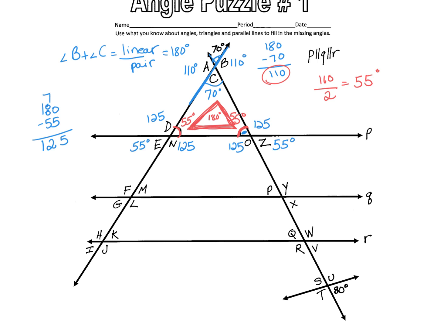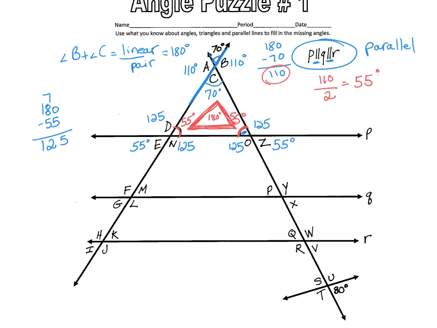Now, from our previous video, we learned about parallel lines. That's what this symbol is, those two little lines in between P, Q, and R, that means parallel.